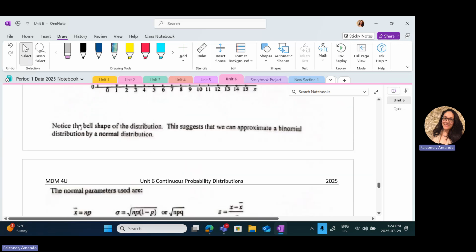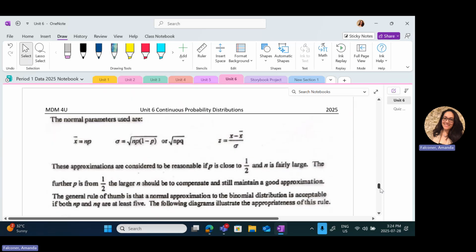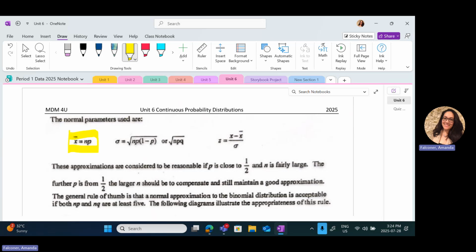So this says, notice the bell shape of the distribution. This suggests that we can approximate a binomial distribution by a normal distribution. So we're using Unit 6 concepts onto Unit 5 scenarios. And so here are the formulas, and one of them you should really recognize. Here's the formula for our mean, x bar, which is going to be n times p.